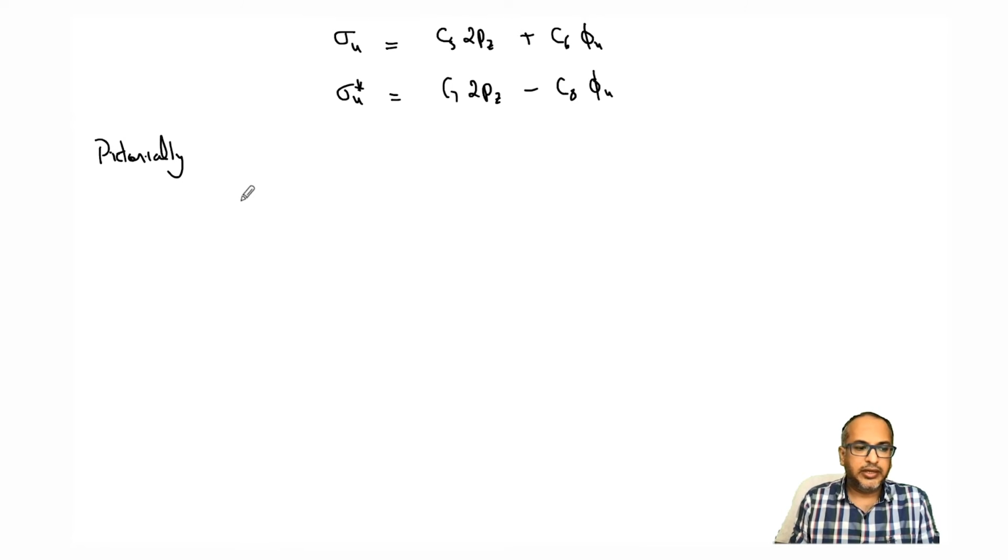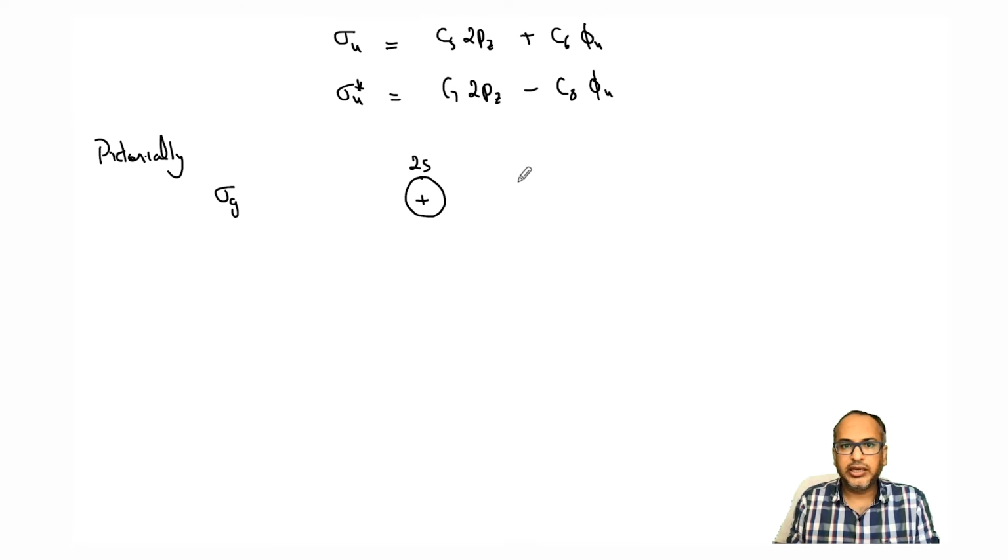So let's start with sigma g. So sigma g has a 2s orbital, which is the central atom. Let's draw the phase also. So start with positive phase and then you have plus 1s plus 1s.